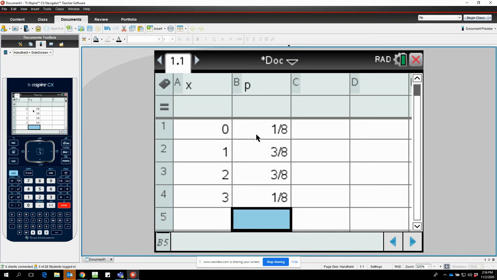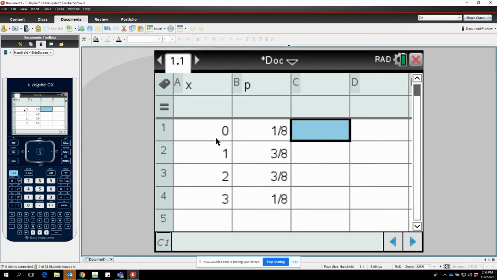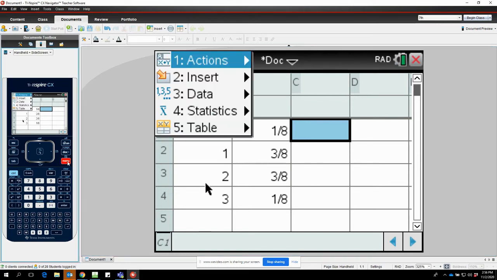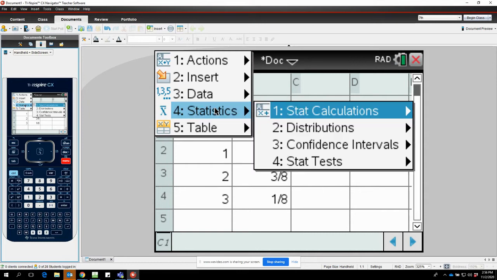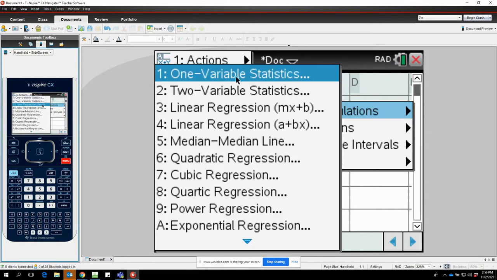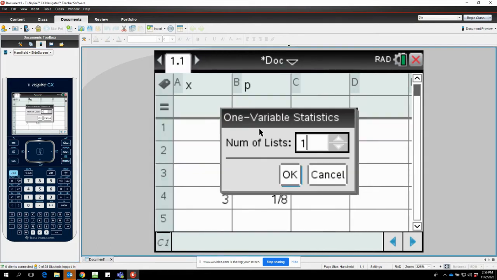All right. So once you type it in the calculator, we can go and find the mean and the standard deviation by doing menu, statistics, stat calculations, one variable statistics, because we only have one variable, which is x. And then number of lists, just leave it as 1.